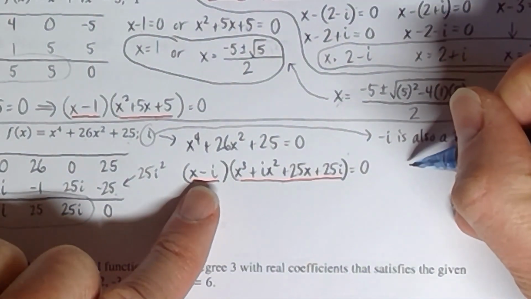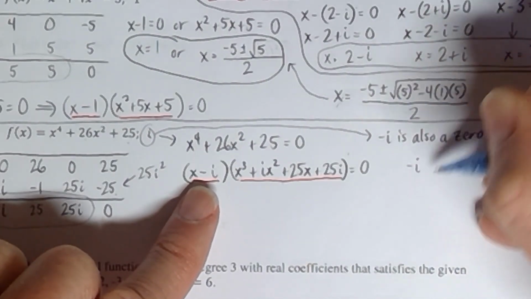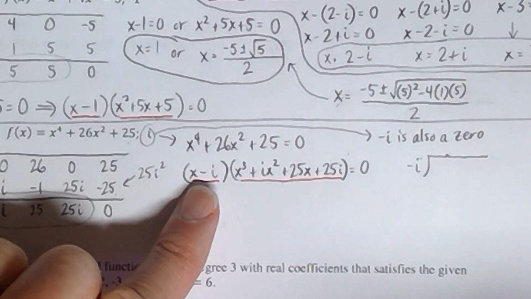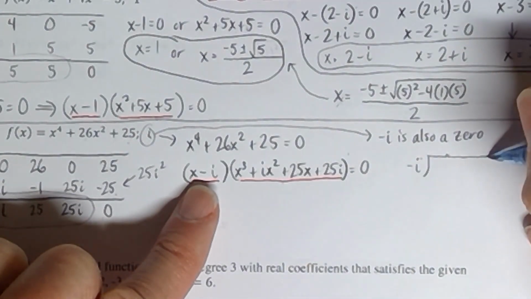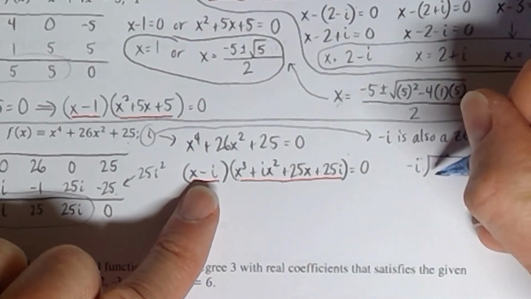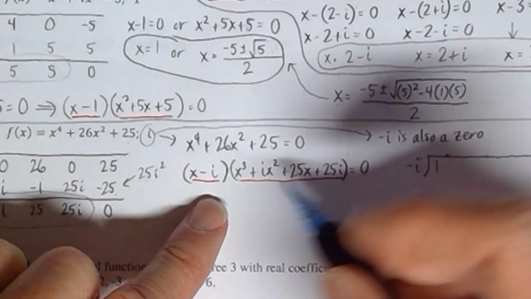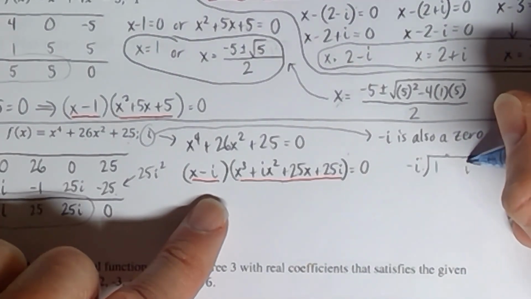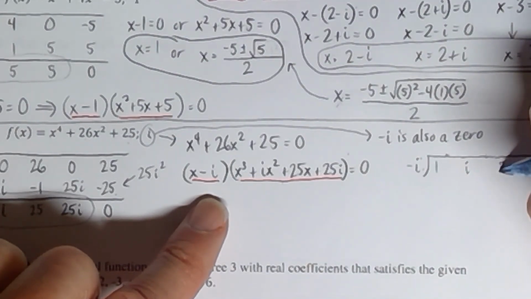And so since it does, if I put it on the outside of the synthetic bar, I am going to get a 0 remainder when I use that negative i on the outside, and that's going to allow me to factor that bigger red factor right there when I get a remainder of 0, as I've been doing in this entire worksheet.